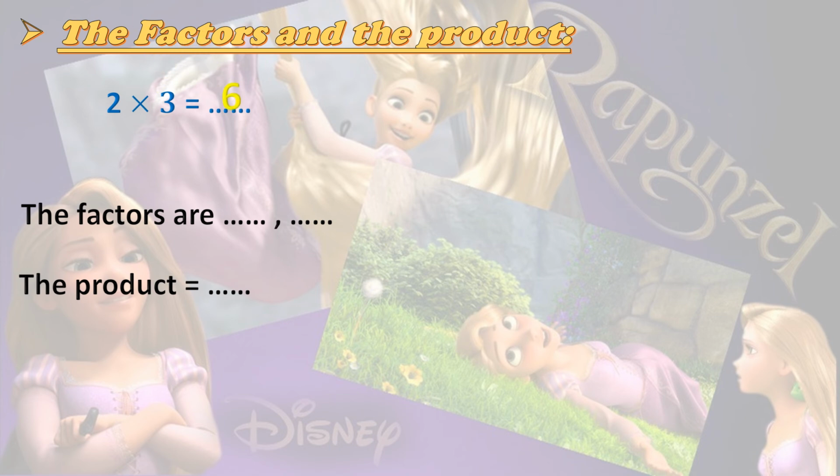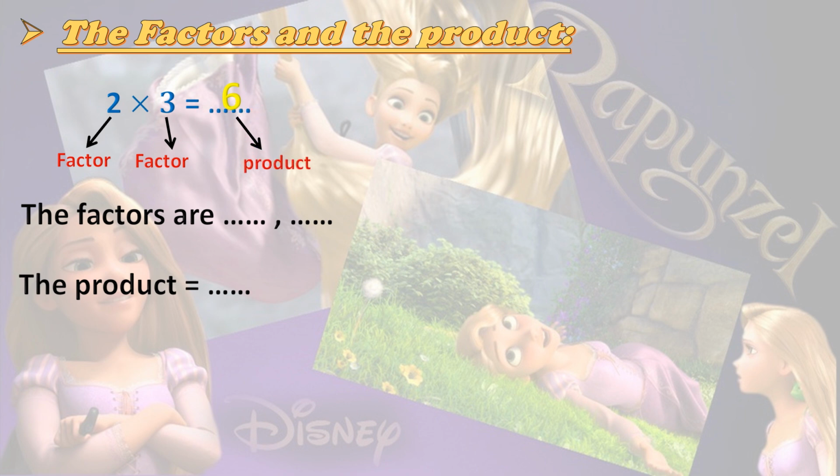Now I have two numbers, which are 2 and 3. When I ask you what are the factors of 6, the factors of 6 are 2 and 3. So 2 and 3 are factors. Okay, so 6 is what? 6 is a product. Yes, 6 is a product.